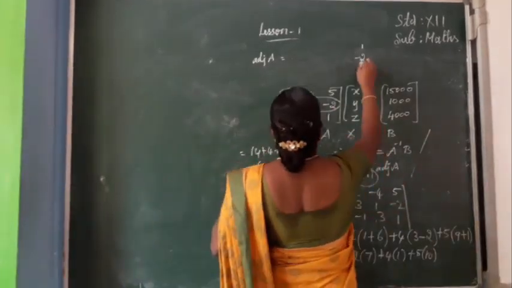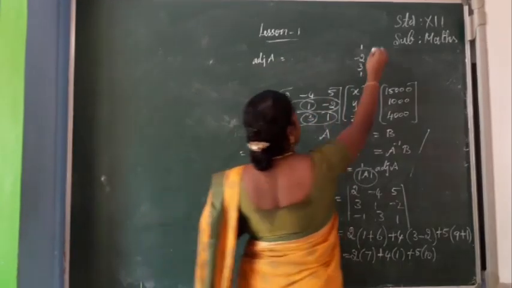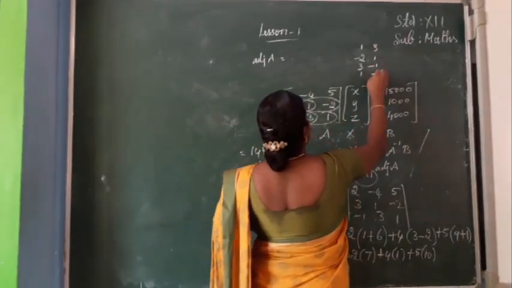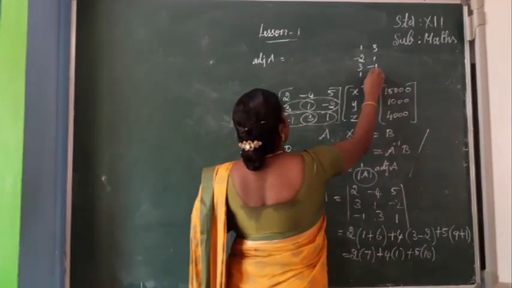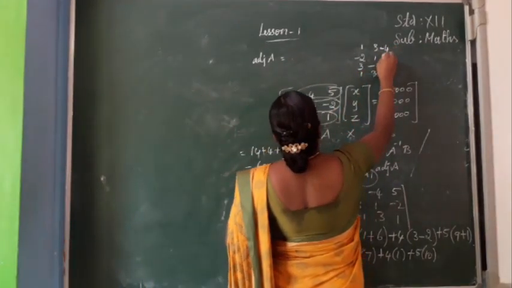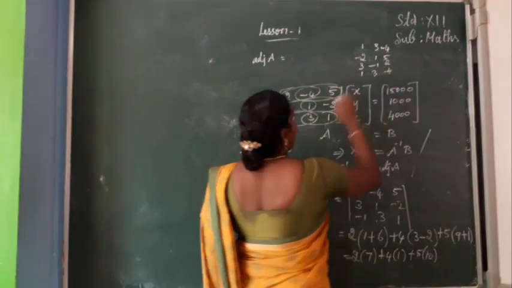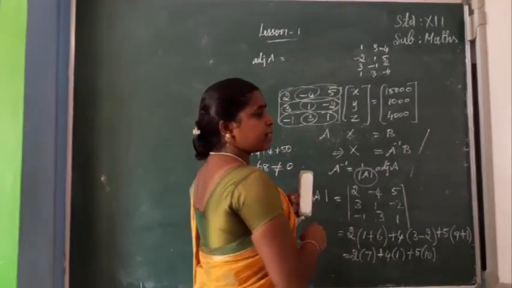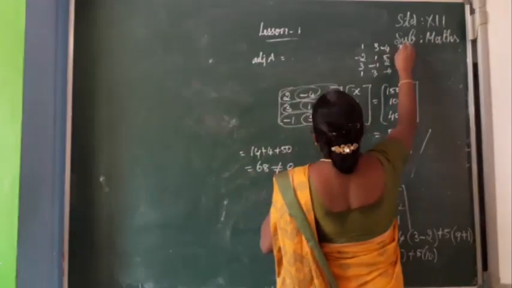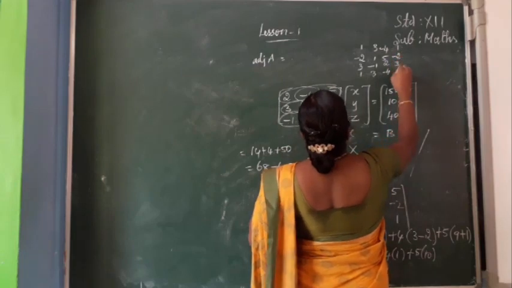Next the second row 3, 1, minus 1, 3, 3, 1, minus 1, 3. Next the third row minus 4, 5, and 2, minus 4, 2, minus 4. Next again write the first column: 1, minus 2, 3, 1.